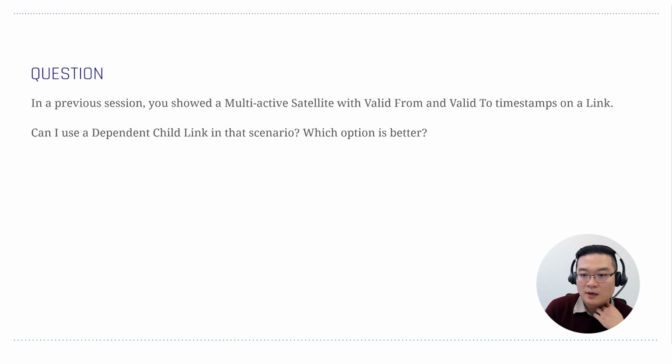And this audience member asked if he could use a dependent child link in that scenario, which option is better, and how to do it in Wherescape. Those points will be covered in this Wherescape expert session.